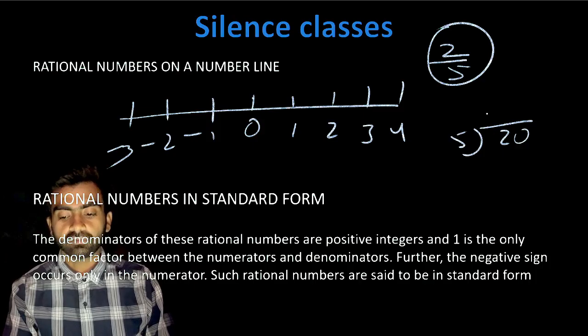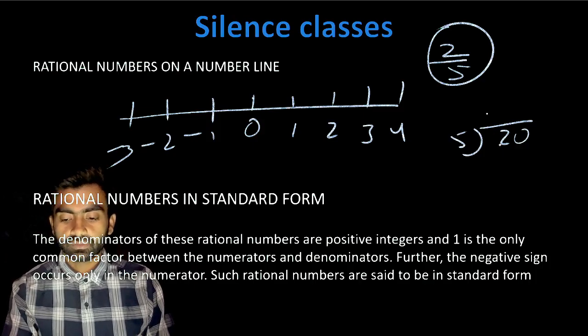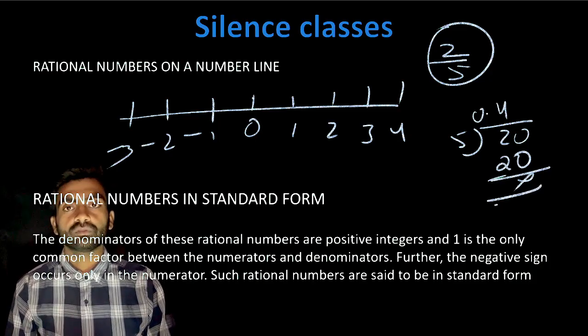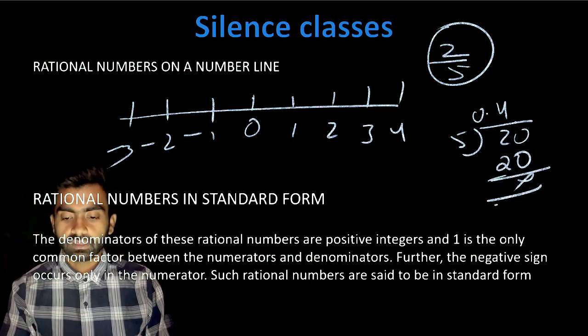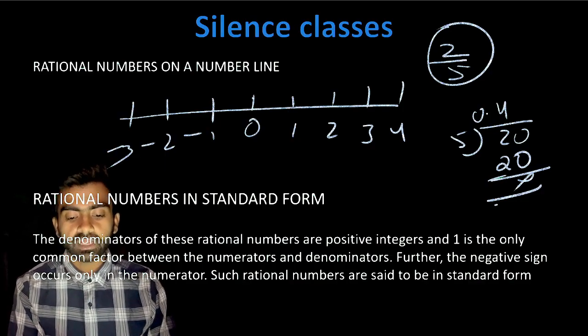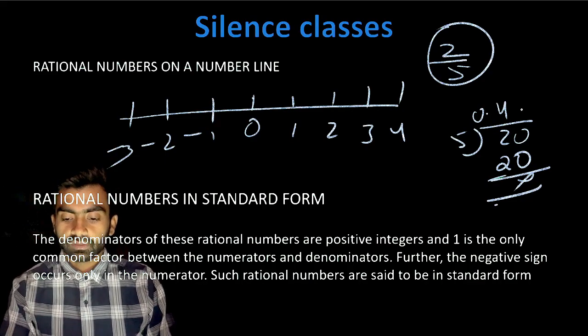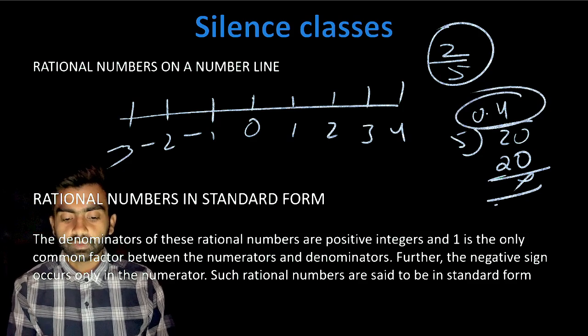I'll put 0.0, and 5 4s are 20, so it will become 0.4. Now it is showing that the number is between 0 and 1, 0.4 lies between 0 and 1.